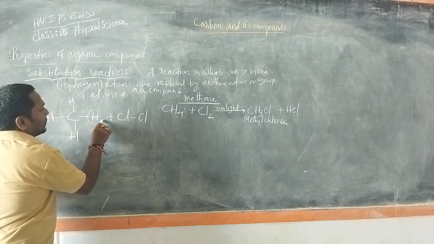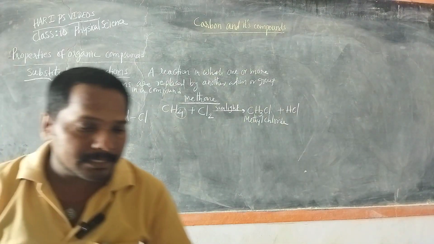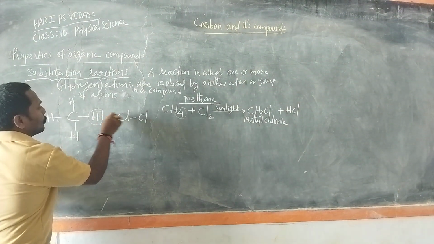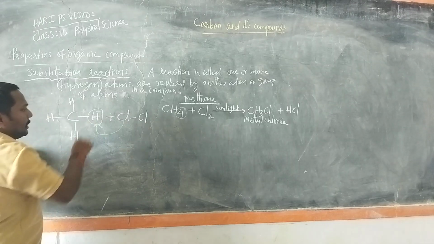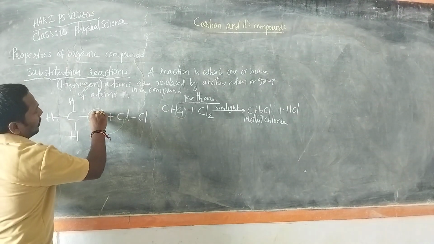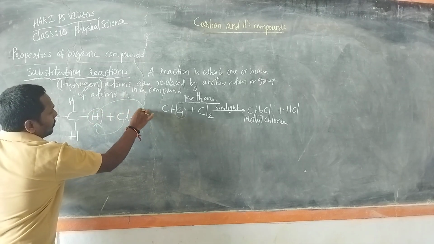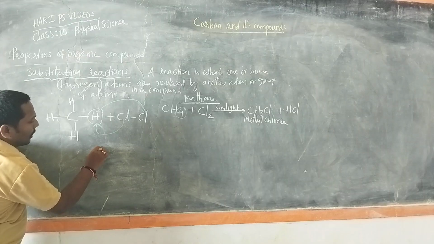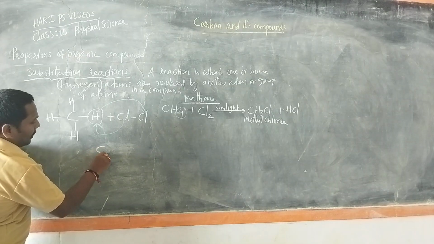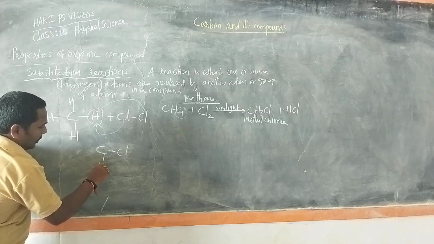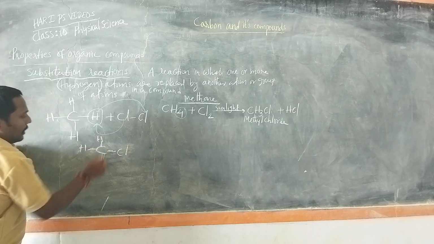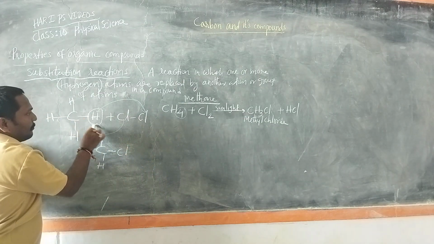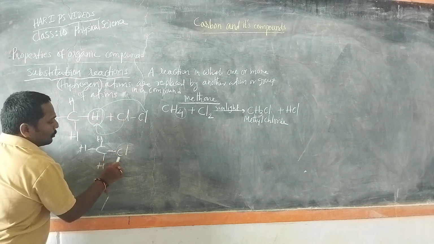One hydrogen is replaced by chlorine. This displaced hydrogen is combined with another chlorine. Finally we have Cl, H, H and H: three hydrogens, and in place of the fourth hydrogen we got chlorine.